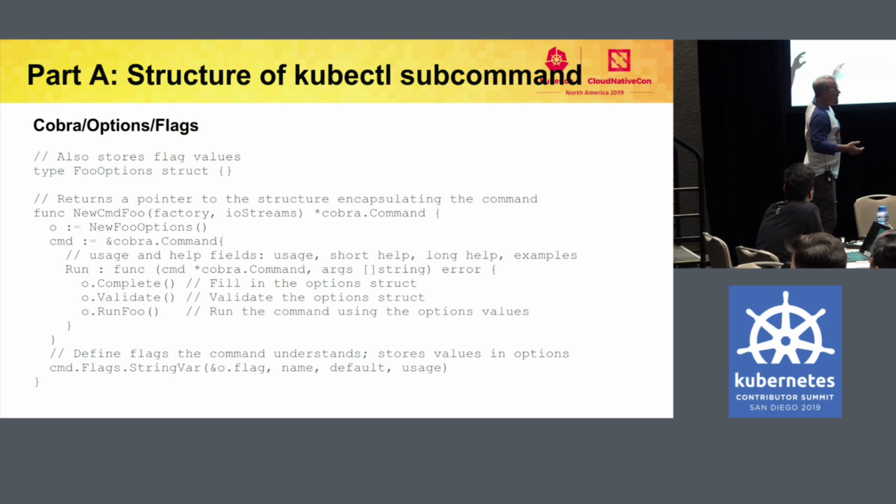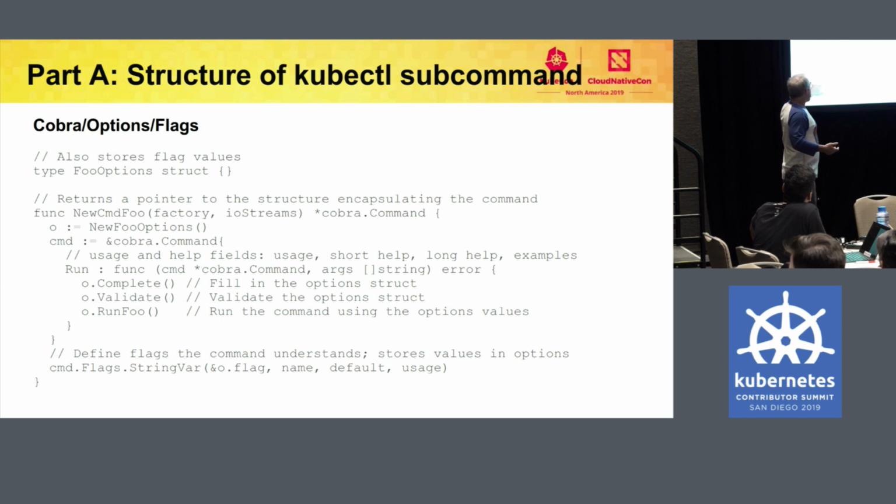They end up being methods on the options, so that they'll have access to the values of the options when they're being called. We have complete, which will fill in all of the options. Then we have validate, which is going to validate the options, and then the actual running, which is run foo or run taint, run delete, etc.